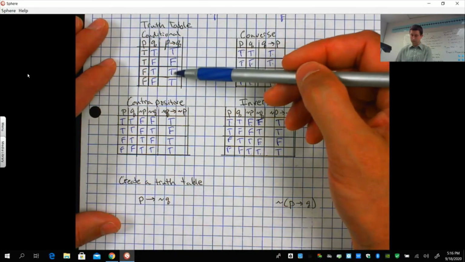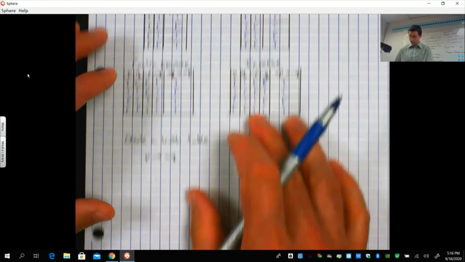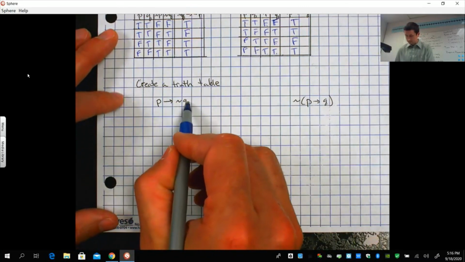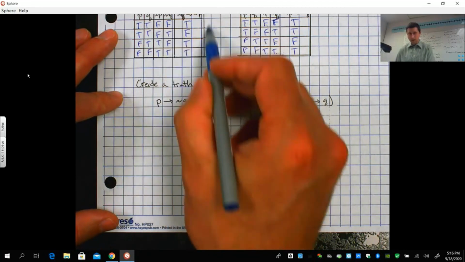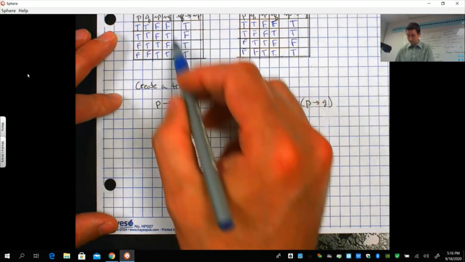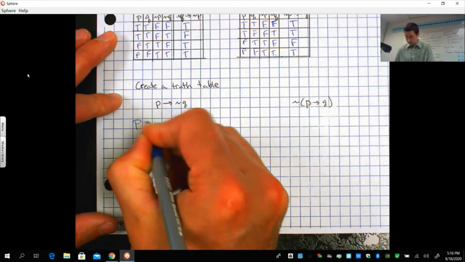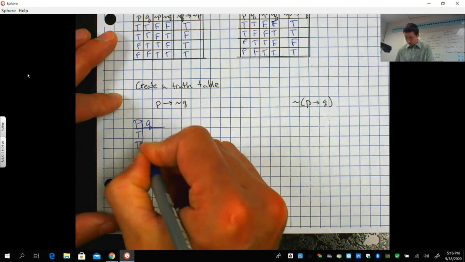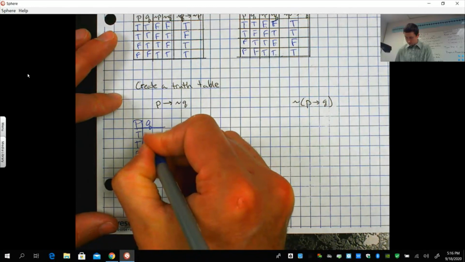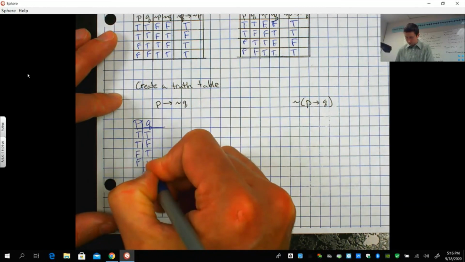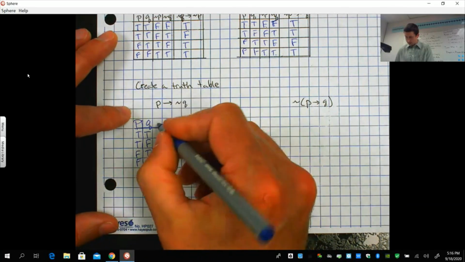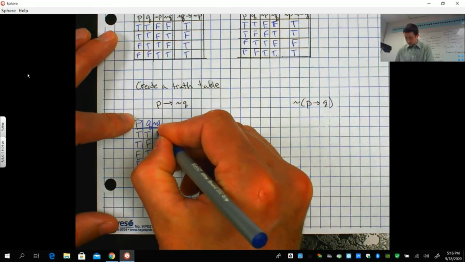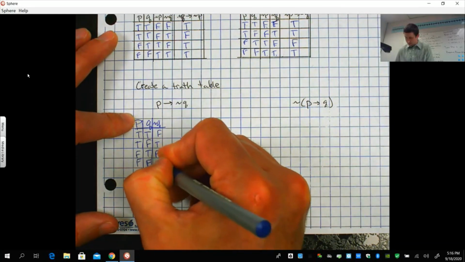True, false, true, true. So if they say create a truth table and they want P implies not Q, this final column over here is what we're going for. So we're going to say P and Q. So true, true, false, false. True, false, true, false. Okay, we need a not Q. Negation of Q would be false, true, false, true.